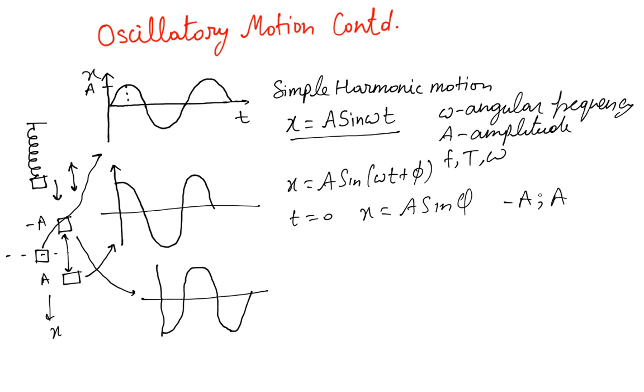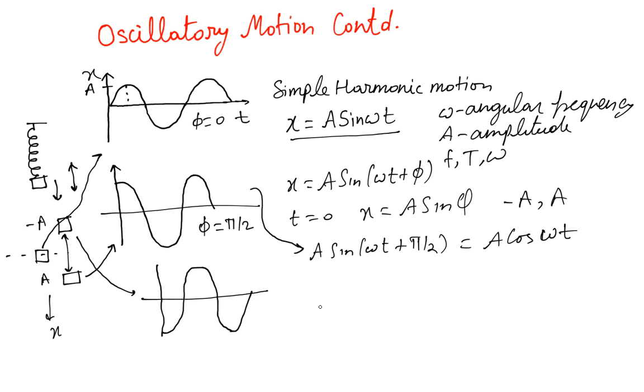If phi is 0, then x is 0, which means this case is with phi equals 0. What is phi here? Well, phi is pi over 2, because a sine omega t plus pi over 2 gives you a cos omega t, which is nothing but this motion. And what is phi here?